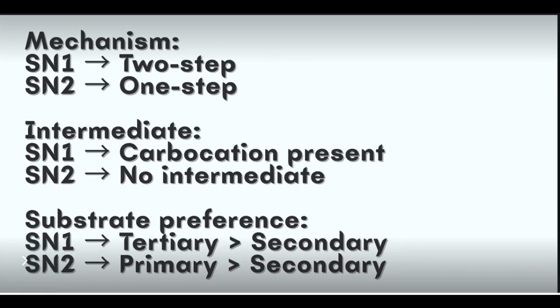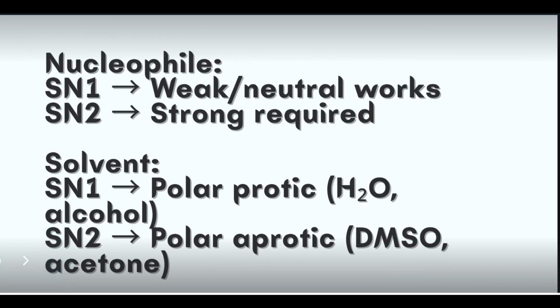Next, see the mechanism. SN1 is two step and SN2 is one step. Now the intermediate formation. In SN1 a carbocation is present. In SN2 there is no intermediate. And in substrate preference, SN1 is tertiary greater than secondary, and in SN2 primary is greater than secondary.